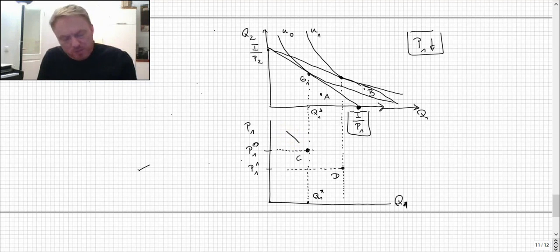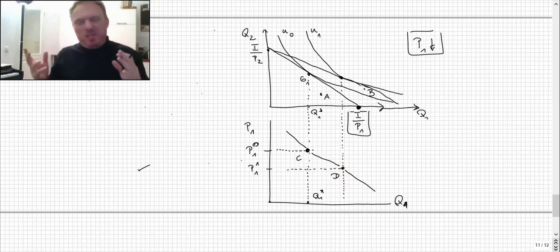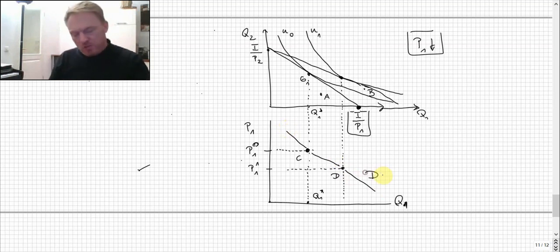So all in all, whether it's a straight line or not, let there be no question. It could be a straight line, it doesn't have to be a straight line. But that's the demand curve, and that was the derivation of the demand curve.